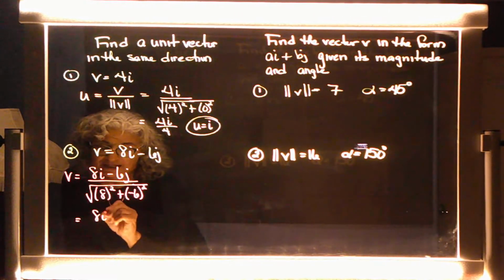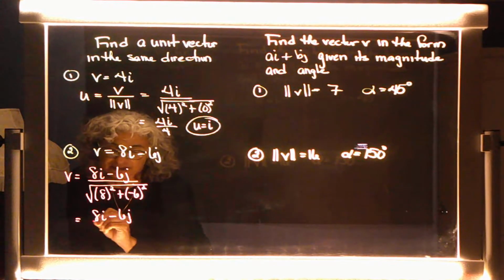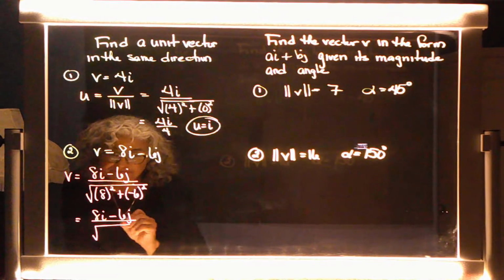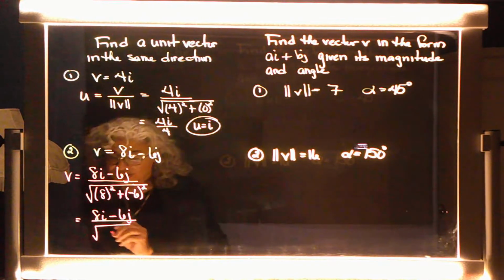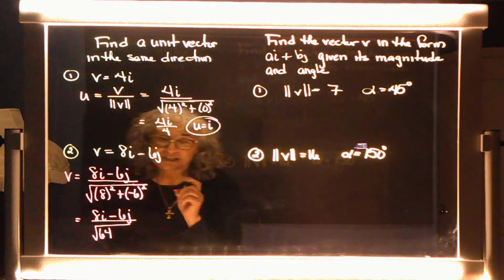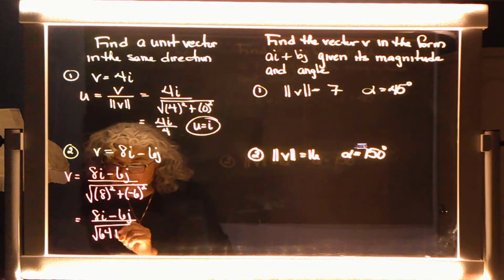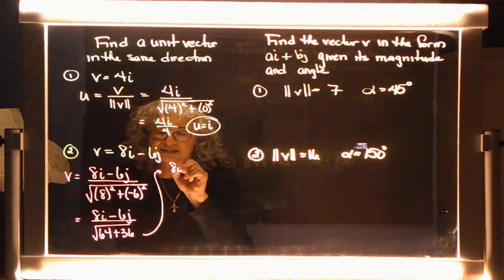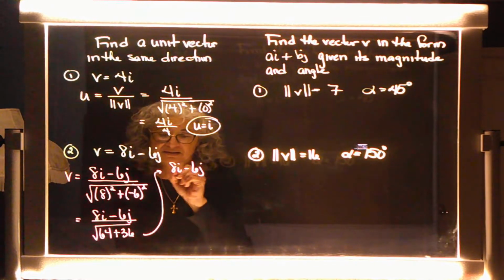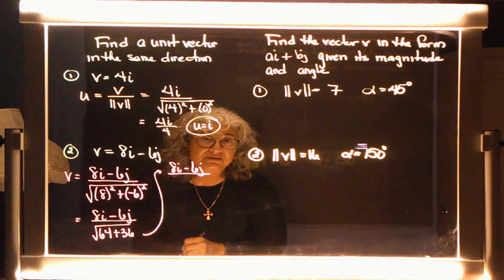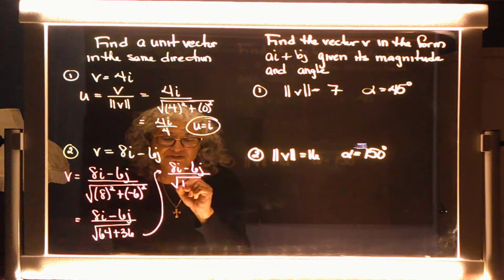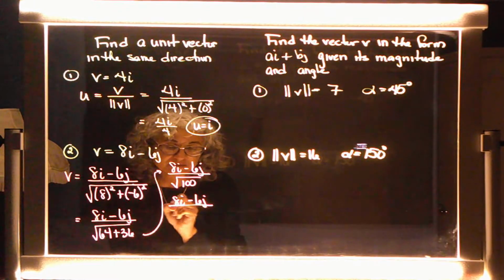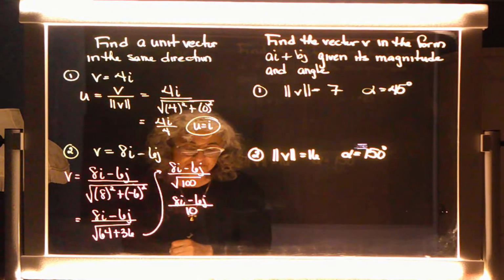So we have 8i minus 6j, and now I've got to figure out the denominator, don't I? Well, 8 squared, good, 64. Negative 6 squared, good, plus 36. So what is 64 plus 36? Good. 100, which is a perfect square, which gives me 10.